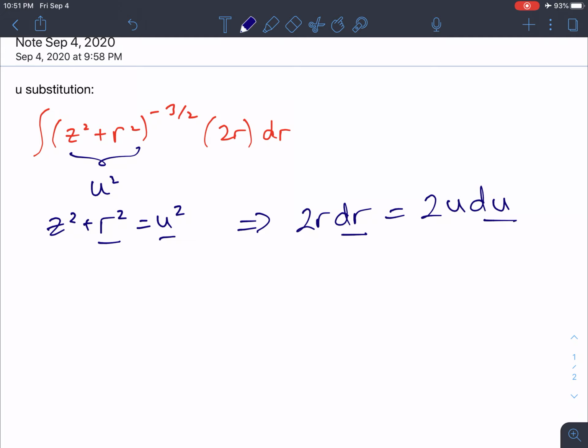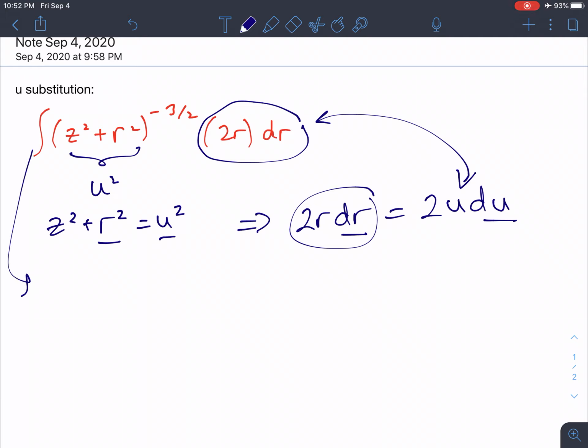Looking back up here, you can see that 2r dr will be replaced by this, and we already had that parenthesis defined as u squared. So this integral becomes u squared to the negative 3 halves, and I'm trying to show all the steps, and this whole thing is going to be 2u du.